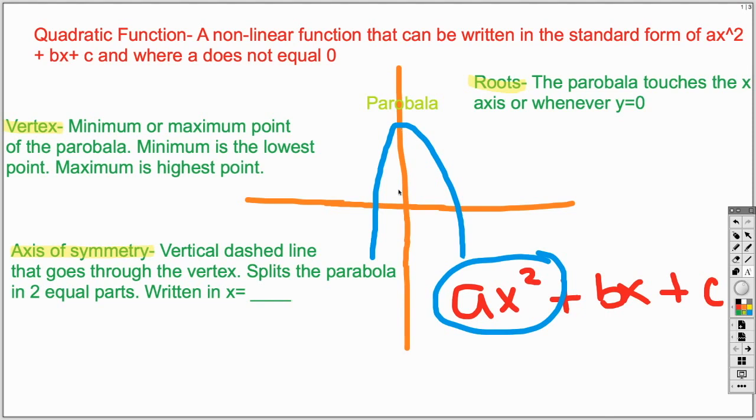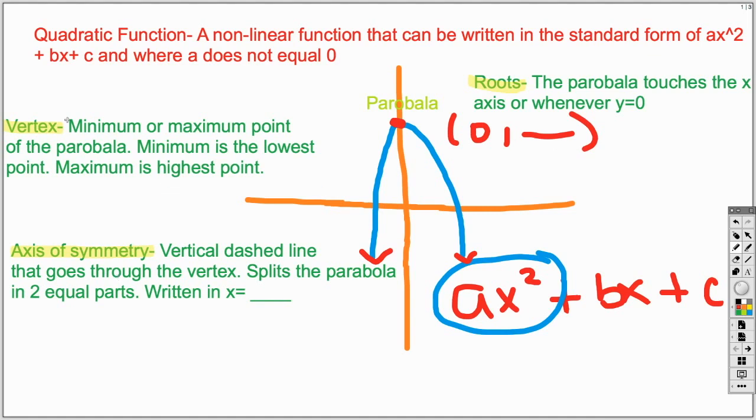Here, it is the maximum point, because it goes up to here and then goes downwards. So the vertex would be like 0, blah, blah, blah, and this is the maximum point of the parabola.